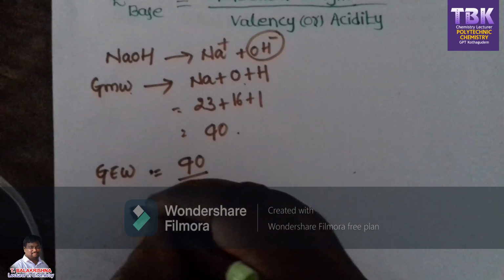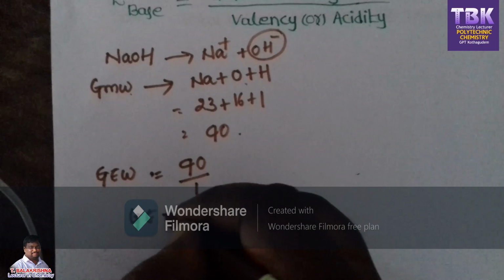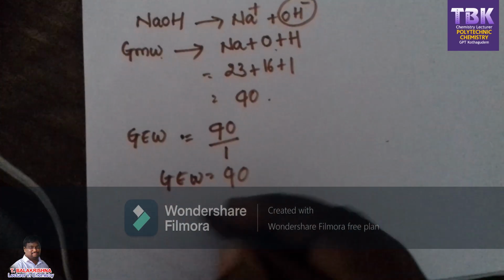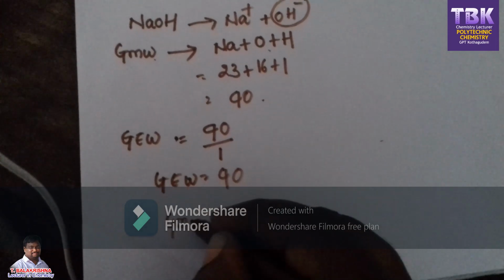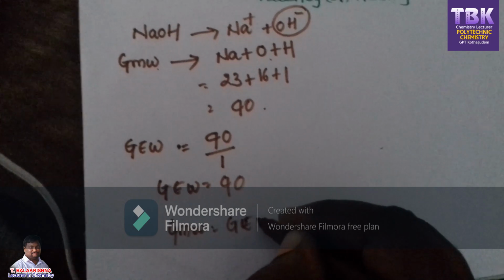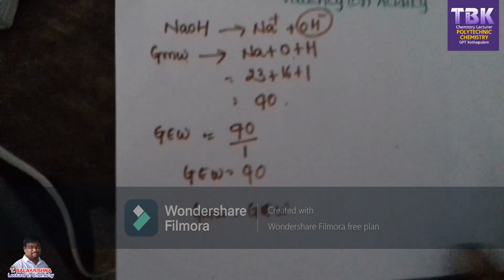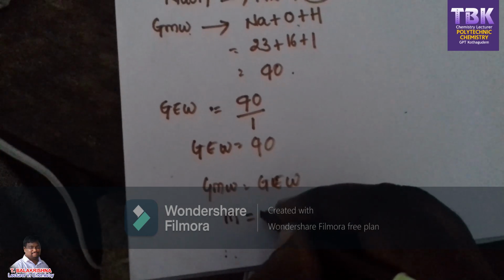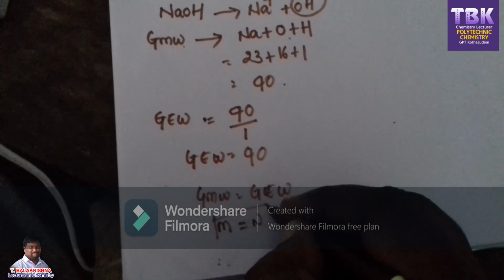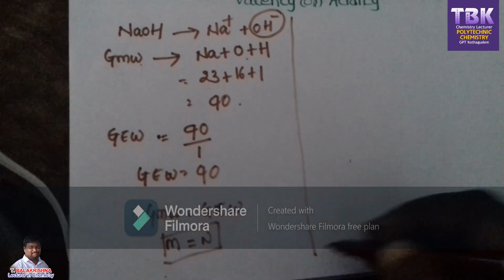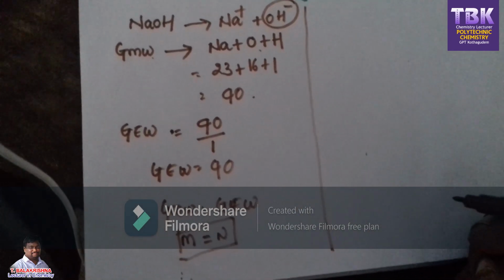So gram equivalent weight is 40. In this case, gram molecular weight is equal to gram equivalent weight. So in this molecule, the molarity is always equal to the normality. Remember it. Next, take another example.